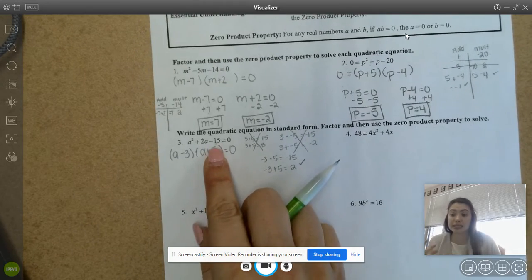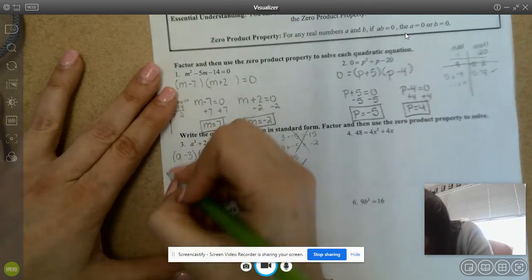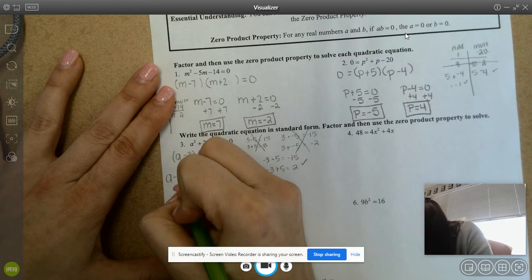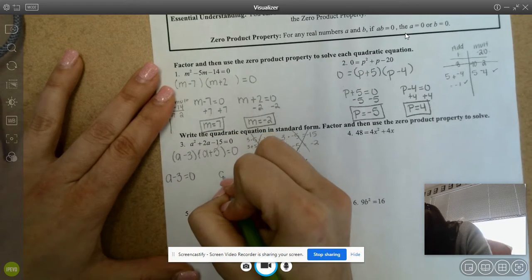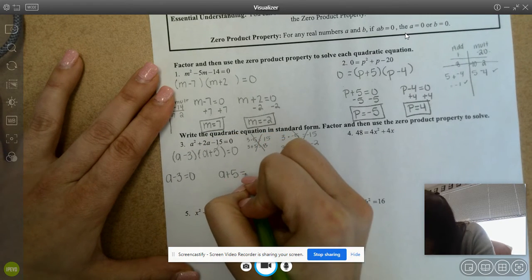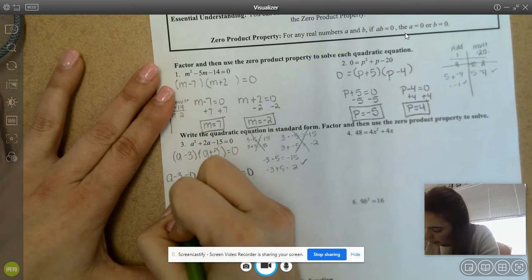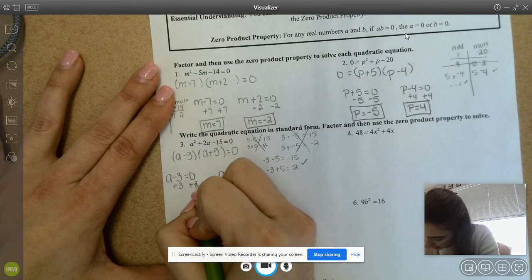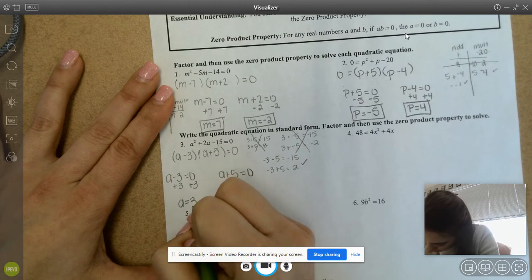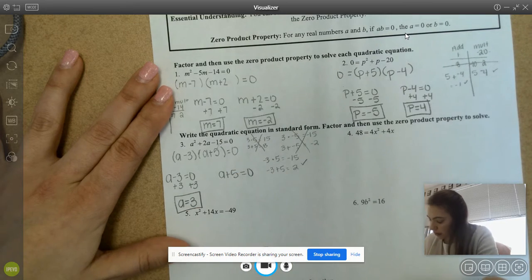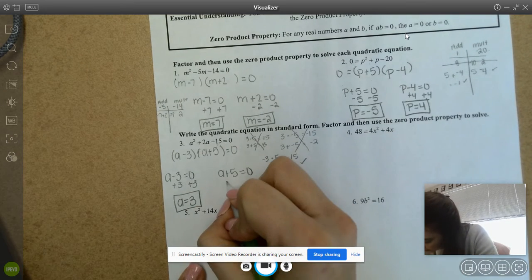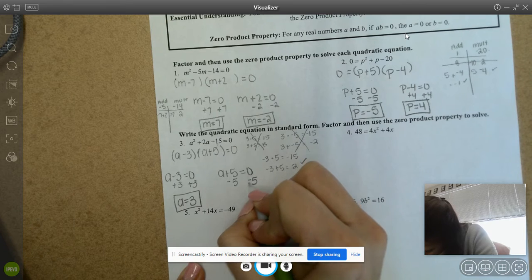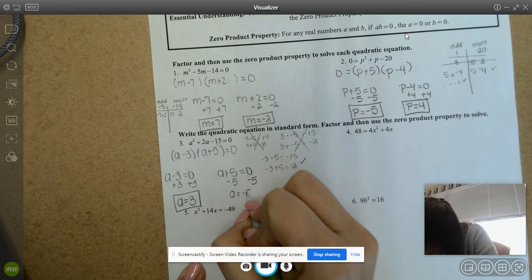So therefore, we're going to set both of them equal to 0 and solve. A minus 3 is equal to 0, and a plus 5 is equal to 0. We can go ahead and add 3 to both sides, and we get that a is equal to 3. And then we can go ahead and subtract 5 from both sides, and we get that a is equal to -5.